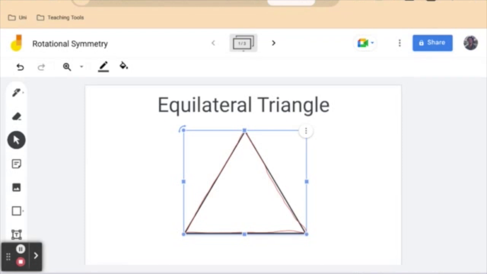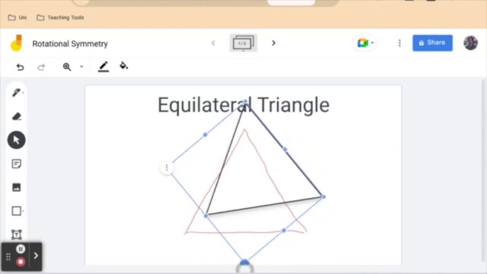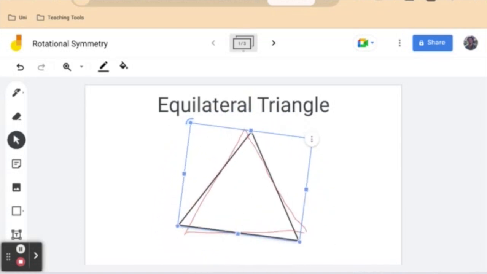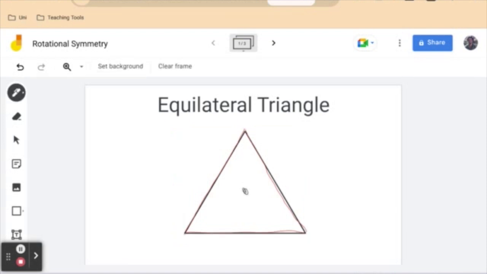Once I've made a 360-degree rotation, those three dots will be in the same place. So you can see we're tracking them along here. And when I end up back at this point, I've turned this thing 360 degrees. Now, this thing only lets me rotate it around a certain point, not quite the center point, which is a little annoying. But I'll show you, once we make these rotations, how many times we can get this shape in.